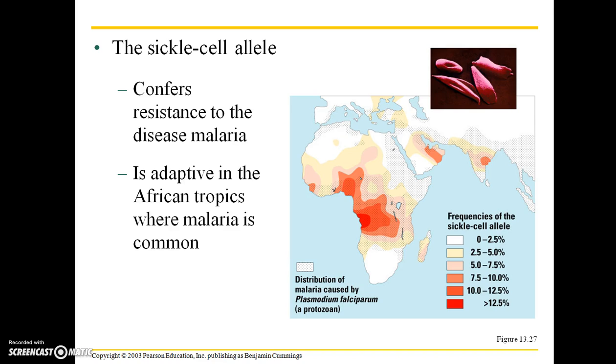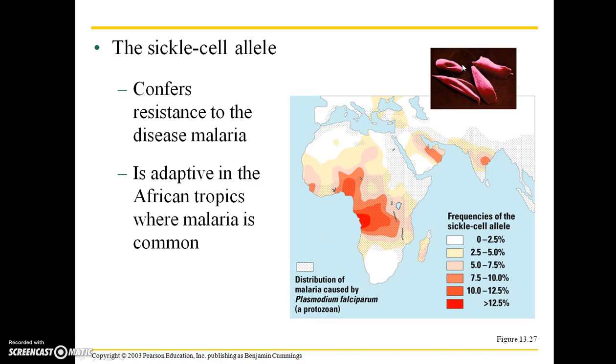where malaria is common. So here we have the frequencies of the sickle cell allele, with red showing high frequencies of sickle cell and white being very low frequencies. And we have this overlap. These dotted portions are the distribution of malaria caused by a protozoan, Plasmodium falciparum, which is carried by a mosquito.